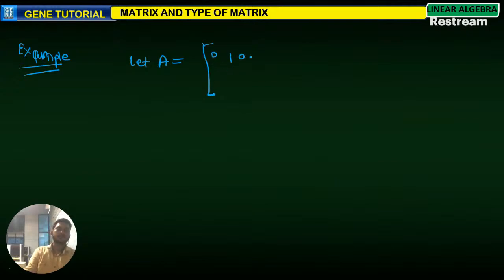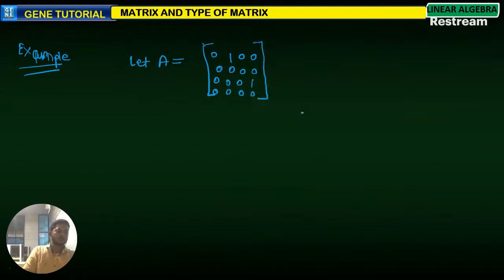Now come to the next point, which is an example of a nilpotent matrix. Let A equal to the entries like this: first row 0 1 0 0, second row 0 0 0, third row 0 0 1, and last row 0 0 0 1.